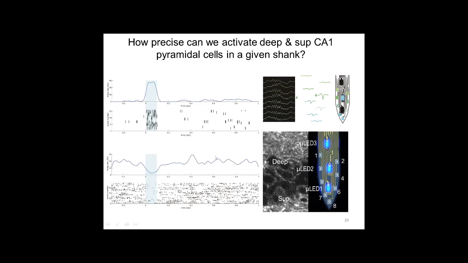And actually, you can see some cells that, when you illuminate one LED, decrease firing, suggesting that they were inhibited by an interposed interneuron that was activated by the LED.